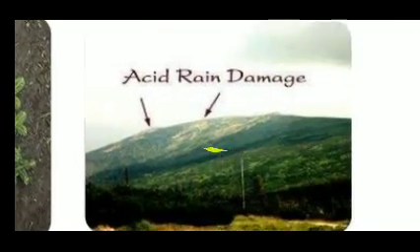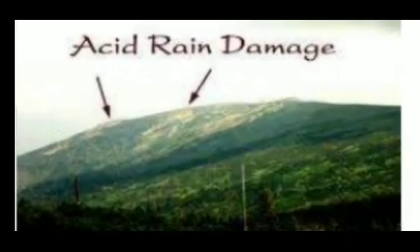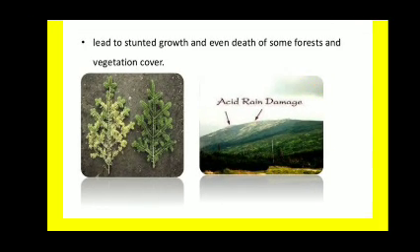In mountains, the effect of acid rain turns the greenish vegetation yellowish. Acid rain damages plantation growth and affects the photosynthesis process.